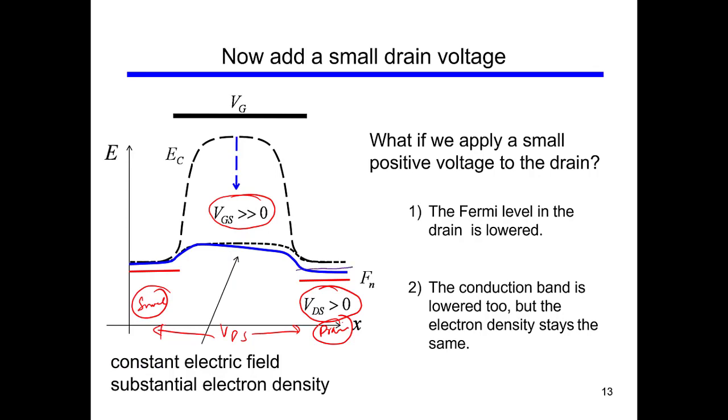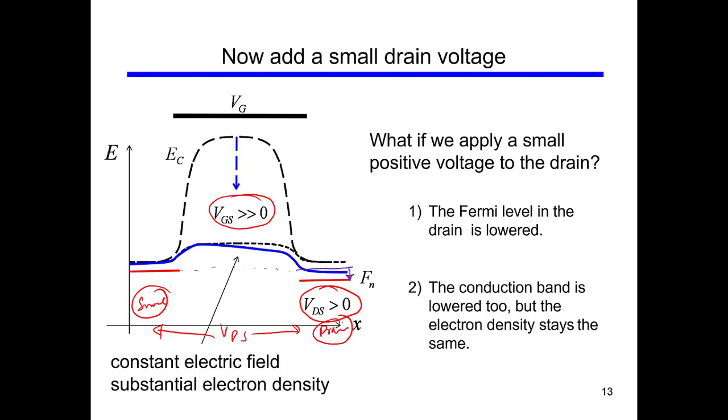Okay, it was aligned with the source, but now the Fermi level has gone down. Why has it gone down? Because whenever you apply a positive potential voltage, the energy of electrons will be reduced, because the positive potential pulls them into a potential well, it lowers the energy of electrons. Okay, so that's why the Fermi level has gone down.